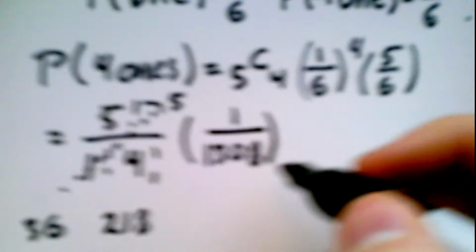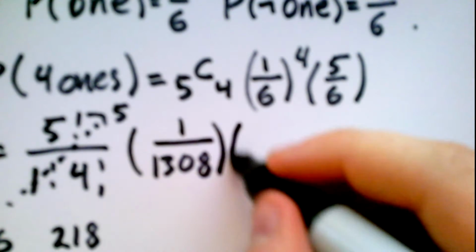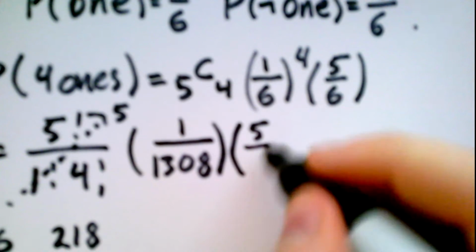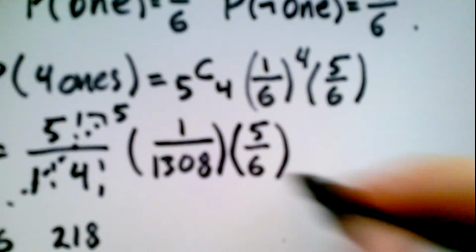It's 1/6 to the 4th, and then we want times 5 over 6. Great.